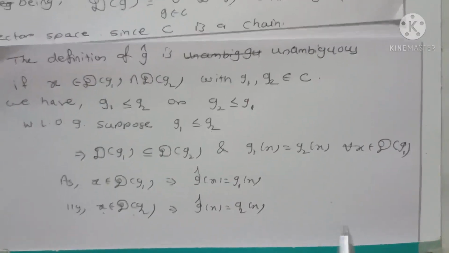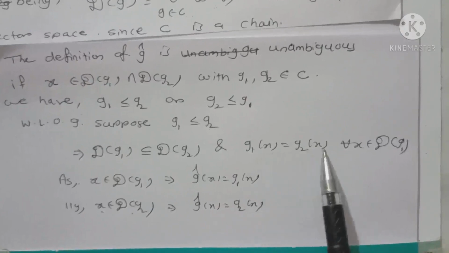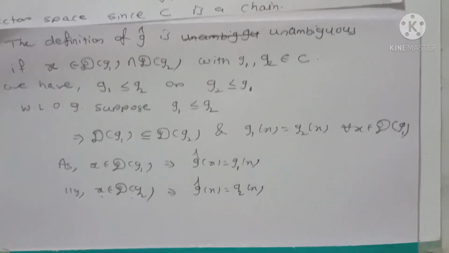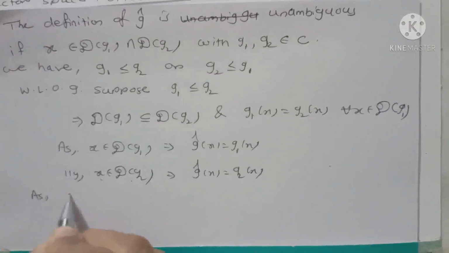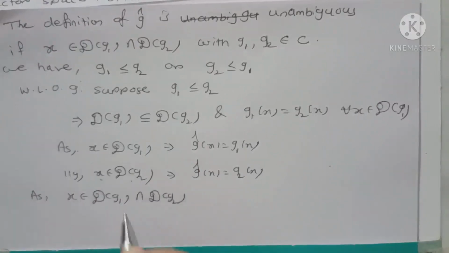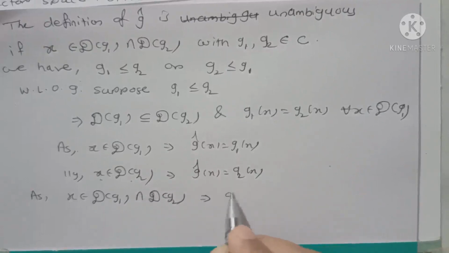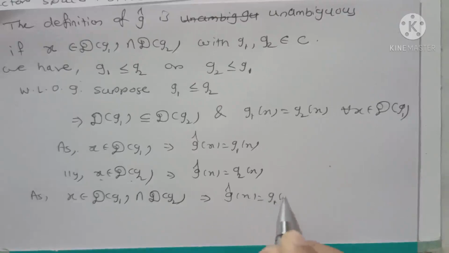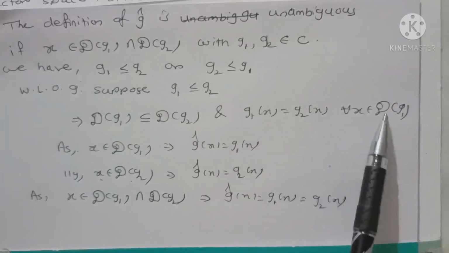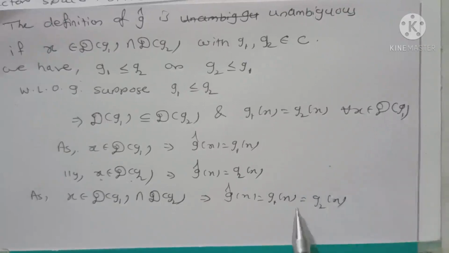But here we know that g1 of x equals g2 of x, because x belongs to the domain of g1 as well as the domain of g2. This implies that g cap of x equals g1 of x as well as g2 of x, because we know that g1 of x equals g cap of x as x belongs to the domain of g1.